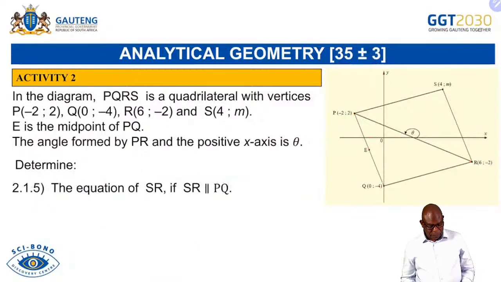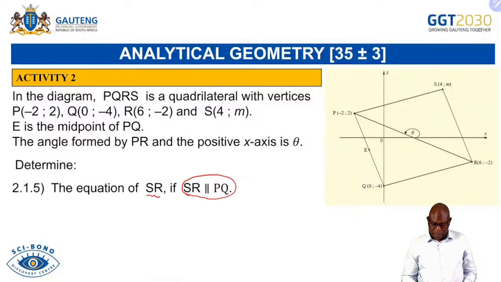All right. Then 2.1.5, we're still on the same question. And then we have, they say determine the equation of SR. If SR is parallel to PQ, the equation of SR, where is SR?